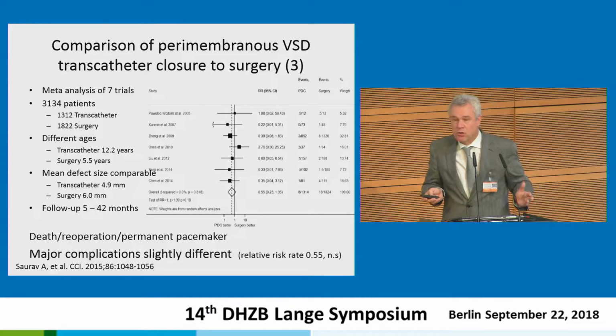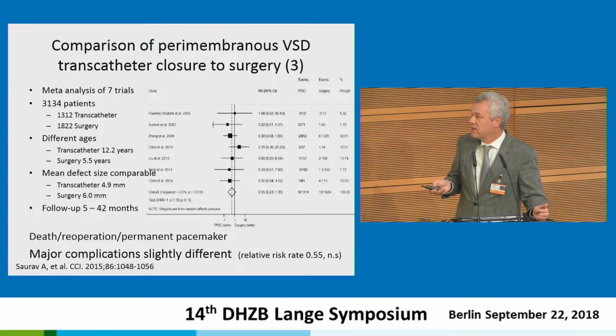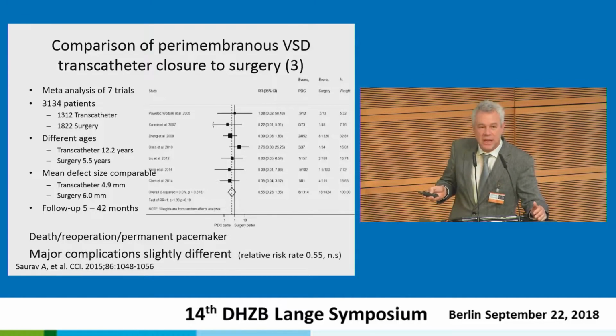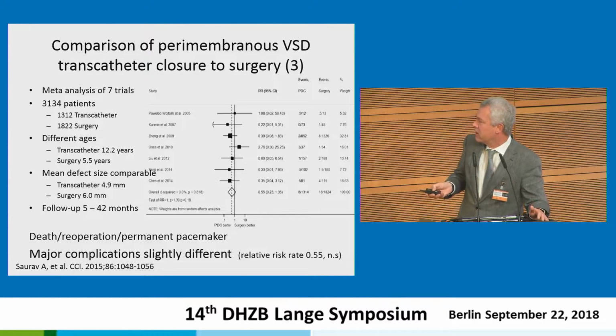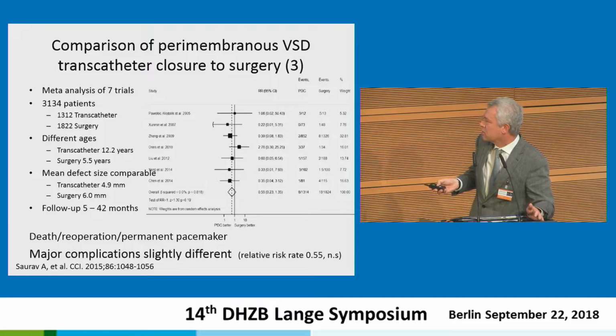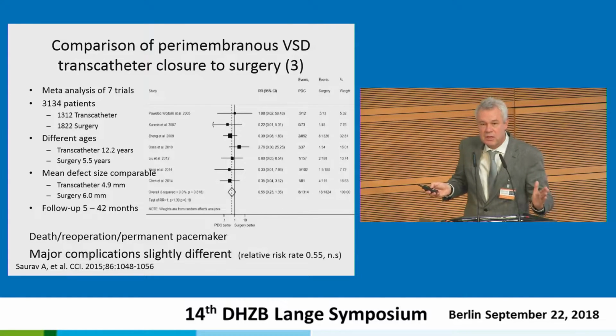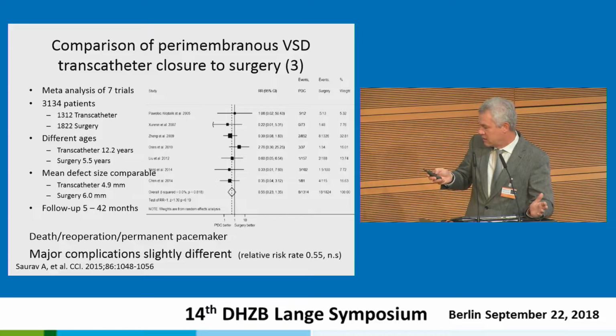The major complication rate, from death, reoperation, or permanent pacemaker as a composite endpoint, was also only slightly different. The relative risk was a little bit towards percutaneous closure and negative for surgery, but this was not significant. So more or less it's the same for the major complication rate.